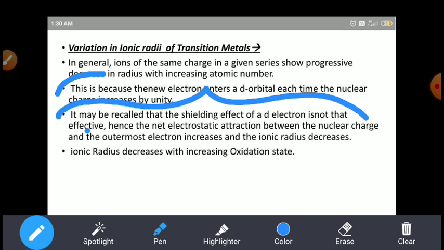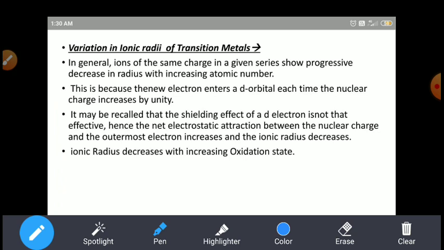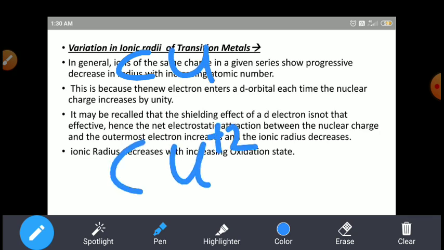The net electrostatic force of the nuclear charge increases and the ionic radius decreases when we compare to the respective atoms, because the effective nuclear charge is high here. For example, compare the copper atom and the copper ion.